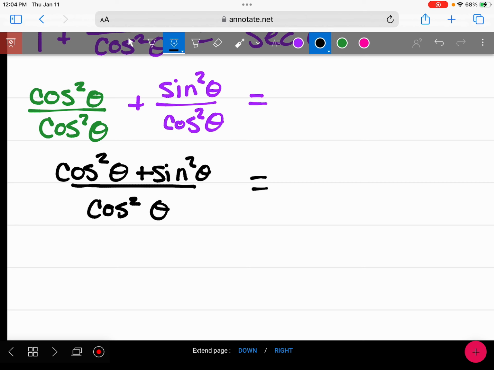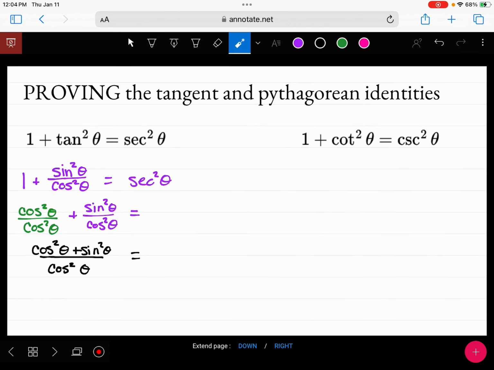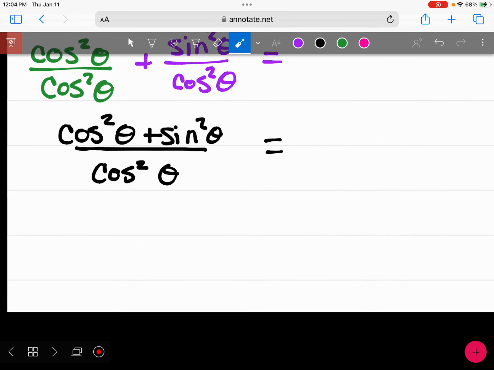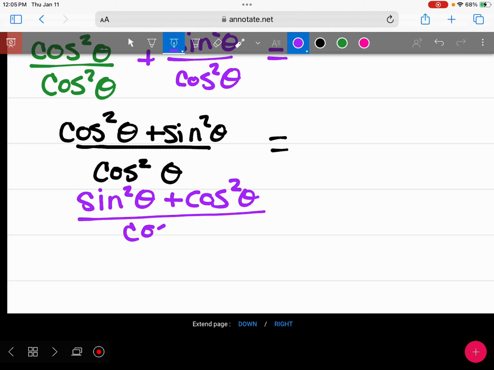And that seems really familiar. If you think back to the one we just looked at, it started out with sine squared theta and cosine squared theta. Since it's addition, it doesn't matter what order we add things in. So I can switch this around to be sine squared theta plus cosine squared theta over cosine squared theta.